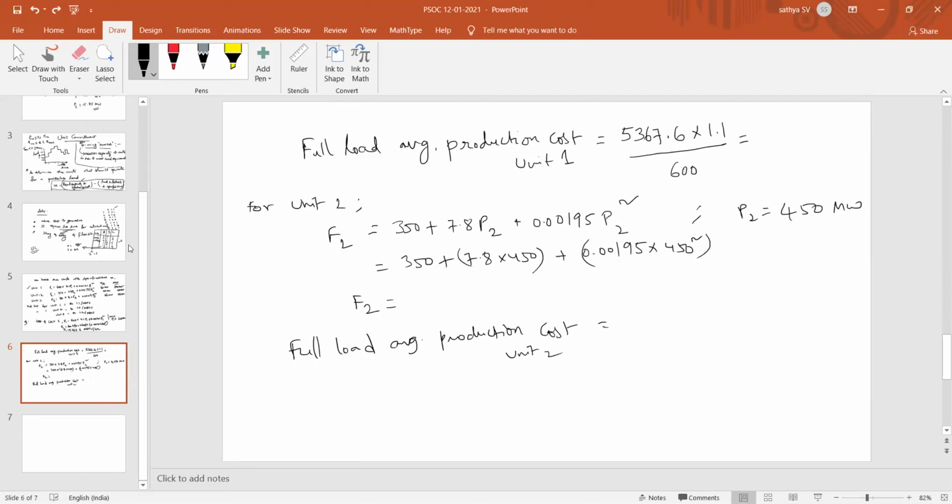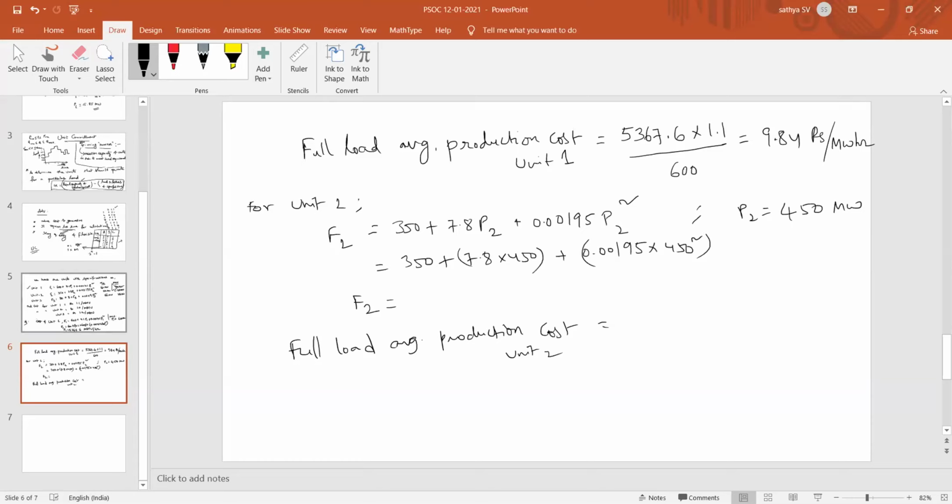See here, after the decimal, minimum 2 to 3 digits are very important for these unit commitment problems. Don't take a single digit. 9.84, sir. 9.84, right. What are the units? Rupees per megawatt hour.